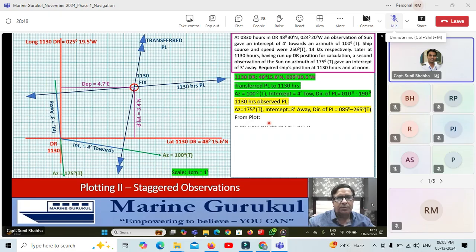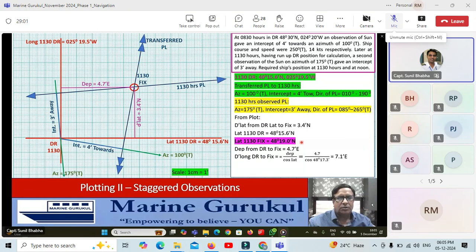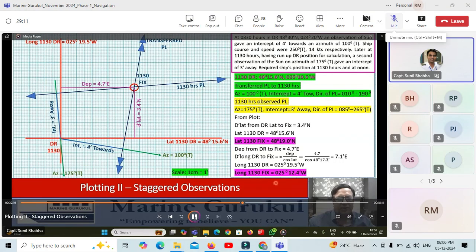And then from the plot, we can apply these and get the position at 1130. The 1130 fix latitude then comes to 48 degrees 19 minutes north. Departure can be converted to D long, applied to the longitude of 1130 DR, and that gives us the longitude of the fix as 25 degrees 12.4 minutes west.